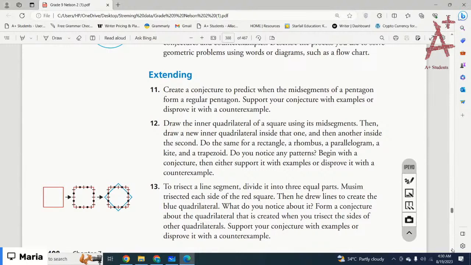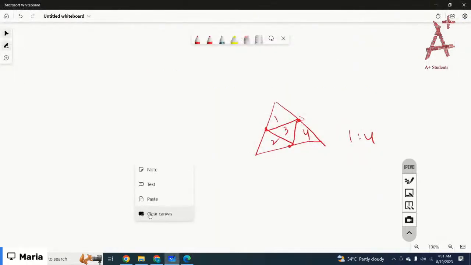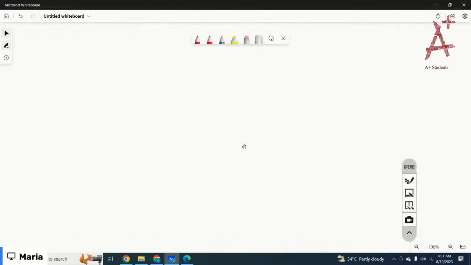So the assumption is that the second figure we form within the figure formed by the mid segments of the original figure will be of the same orientation and design, right? Let's just see if you have a square, right?